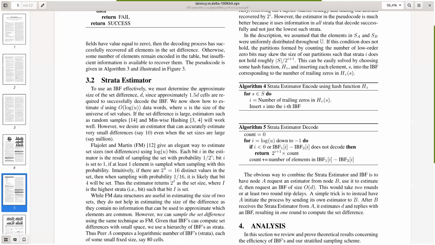And when they are counting the number of elements in the difference upon the set, they're not directly taking the cardinality difference for the ith IBF on both nodes, for both the sets on different nodes. They are following something similar to the process that they used when they were decoding the IBF, like counting the pure elements, first taking the pure elements and then taking the difference, and then counting all the numbers of elements.